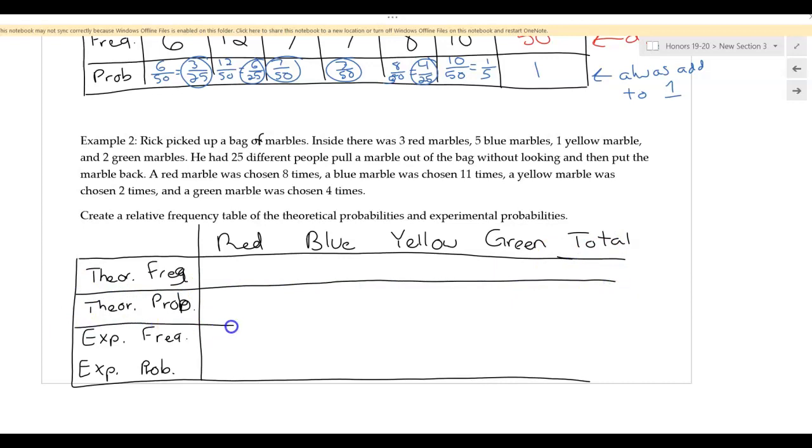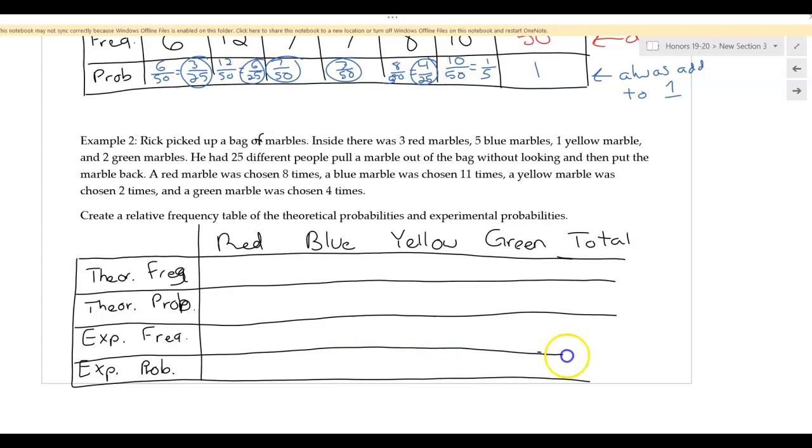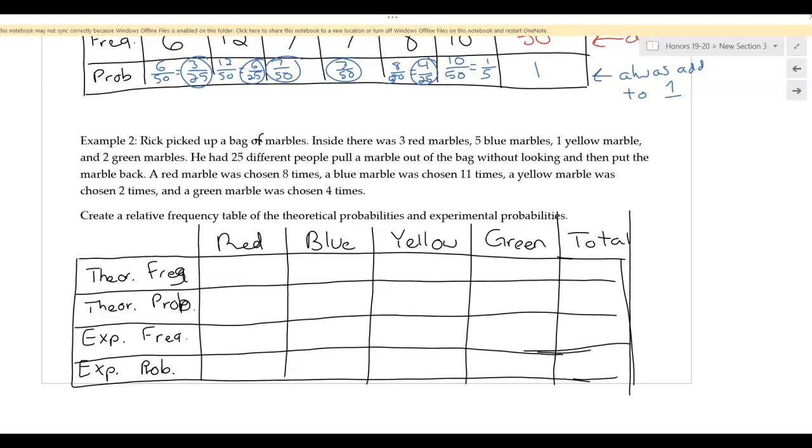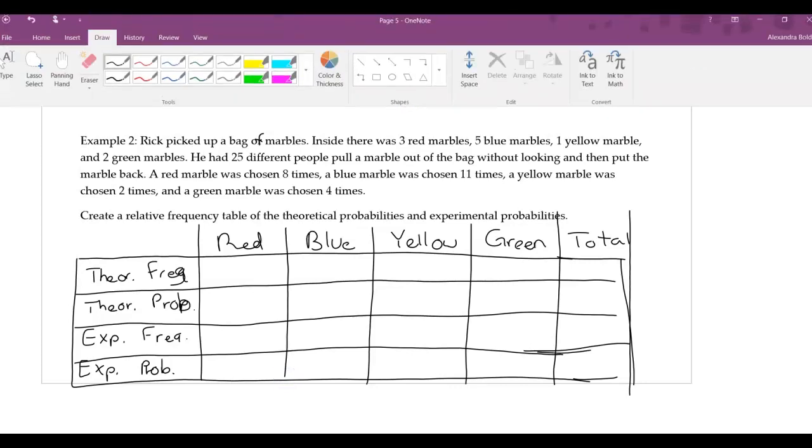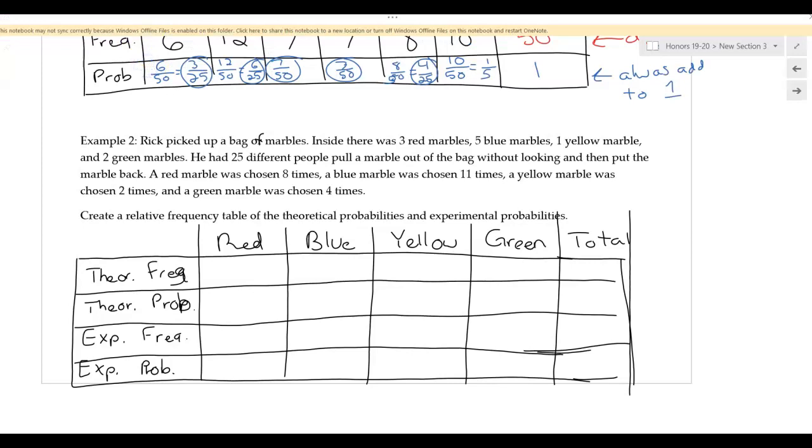Okay, well, theoretical, remember, happens before we actually do anything. So if all I know is I have this bag of marbles, that's our theoretical. So how many marbles are in the bag, right?